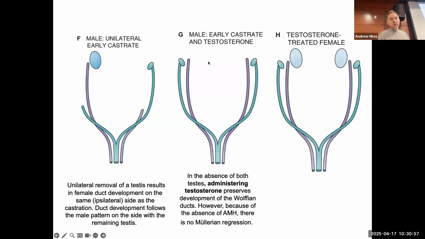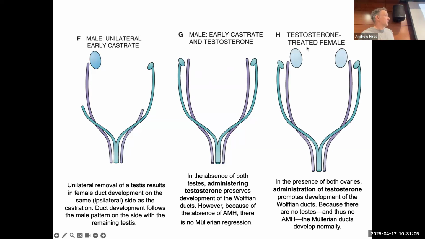Finally, if we have female XX genes treated with testosterone early on, what happens? The gonads develop into ovaries. The Mullerian ducts are maintained because there's no AMH, because these are not testes, they've developed into ovaries.